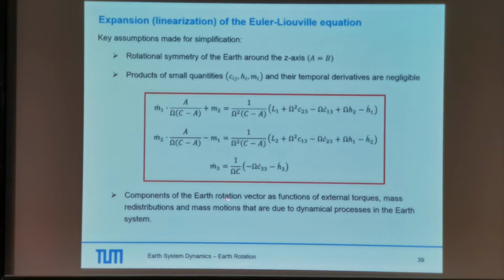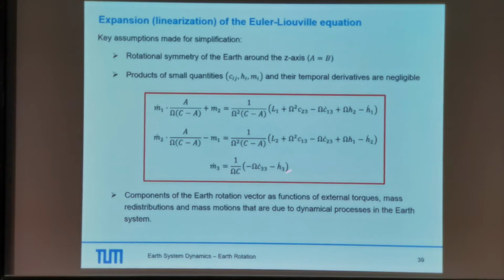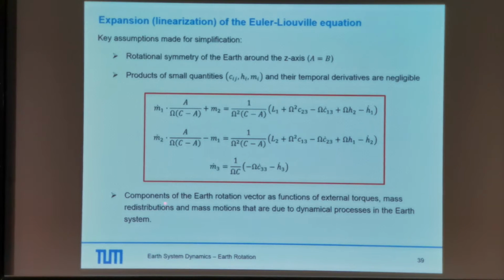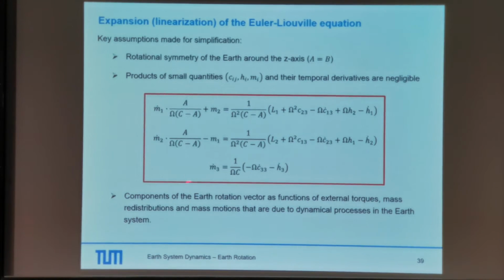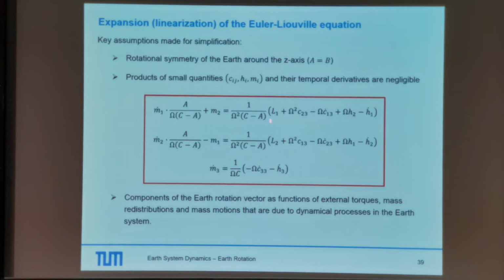If we then put all the m quantities on the left-hand side and all the rest on the right-hand side, this is how you solve for the Earth rotation vector. And this is now the final resulting equation system. The components of the Earth rotation vector on the left-hand side are functions of external torques on the right-hand side, because we have these L1, L2 here.